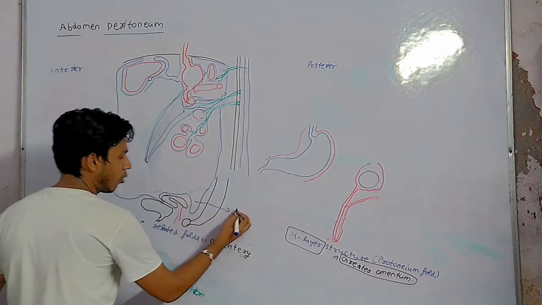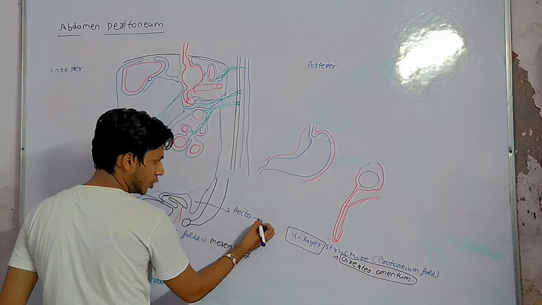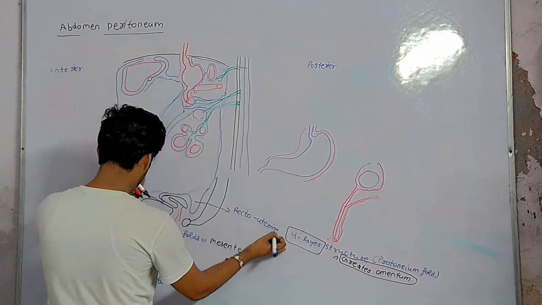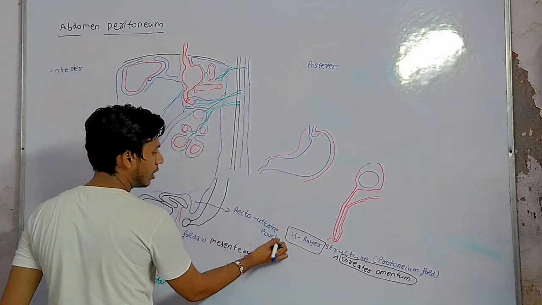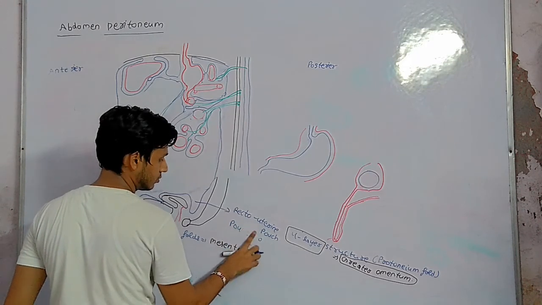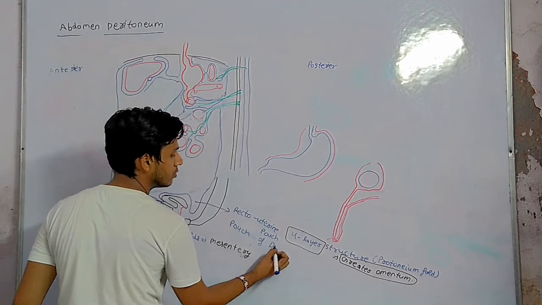One pouch, between the rectum and uterus, is the rectouterine pouch, also called the pouch of Douglas.